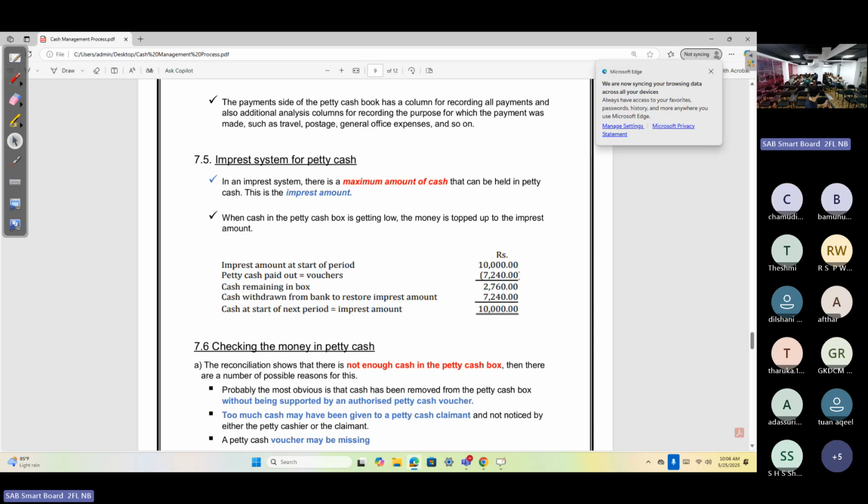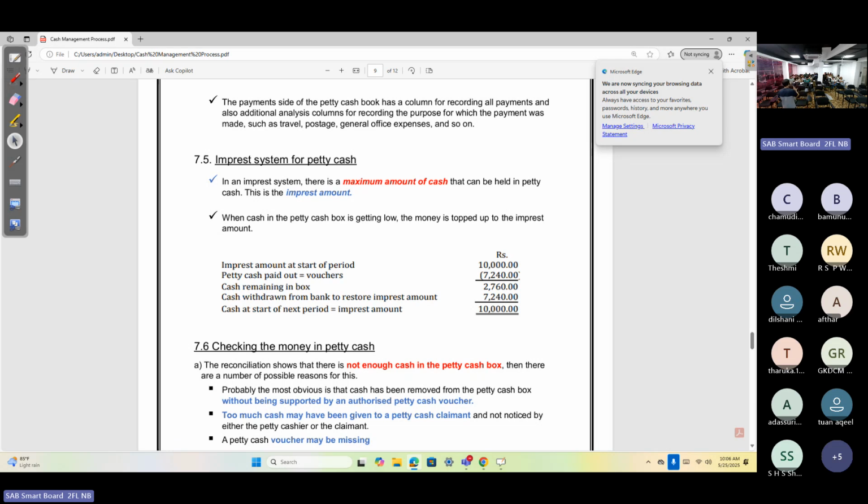So the imprest system means a maximum amount. How much is the maximum amount the petty cashier can keep? It's called the imprest system. Here it is not the refill amount; imprest means the total amount he can keep. Some companies may keep 10,000, some may allow 50,000 or 30,000, based on their monthly, normally monthly, sometimes weekly, but let's say monthly, petty cash amount.